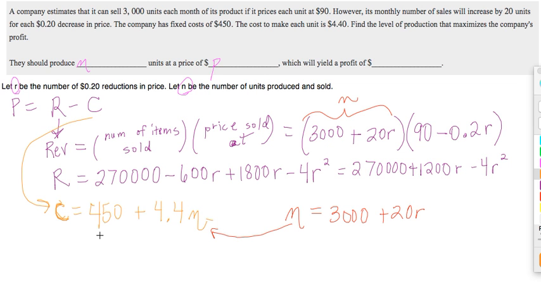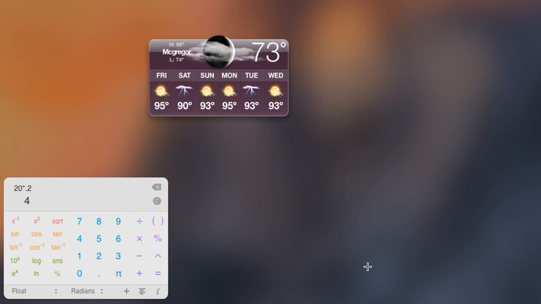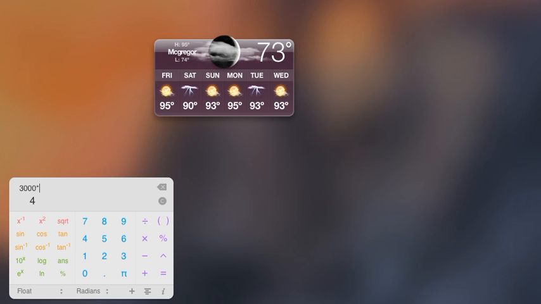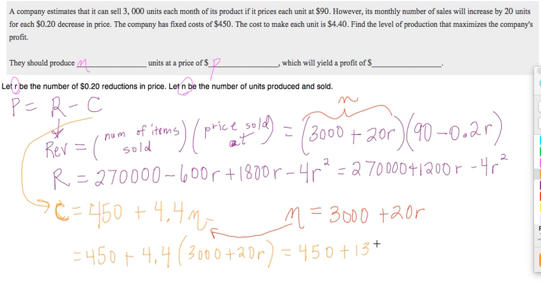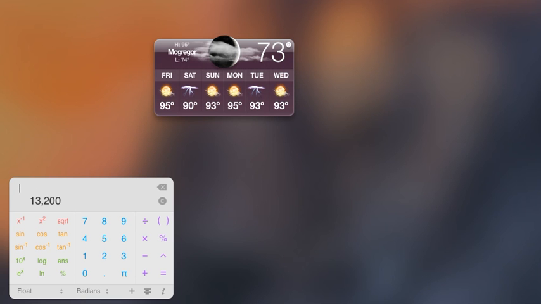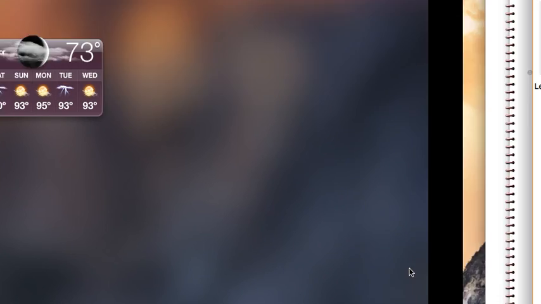in the cost function to get 450 plus 4.4 times 3,000 plus 20R, and simplifying that, 3,000 times 4.4 is 13,200. 20 times 4.4 is 88.